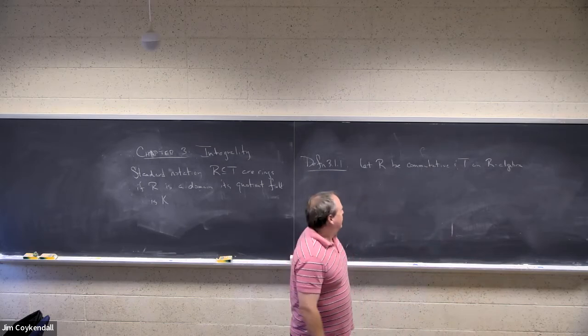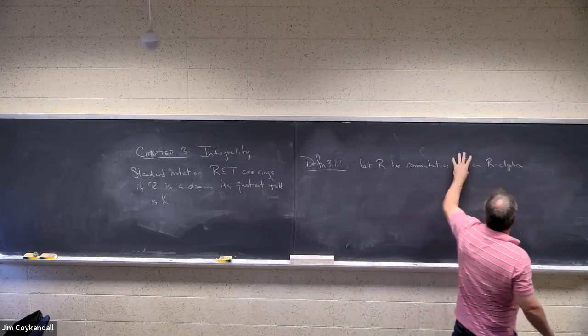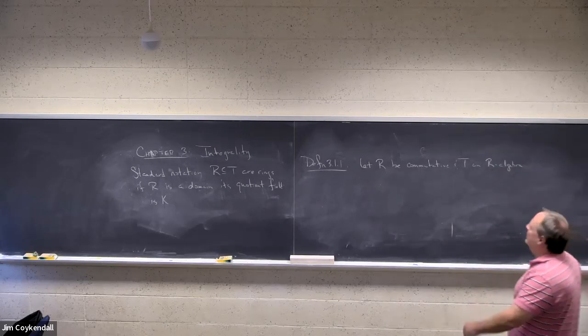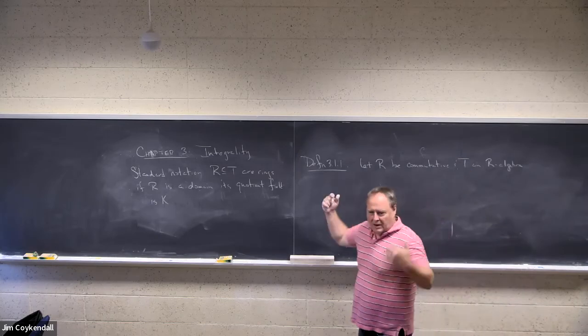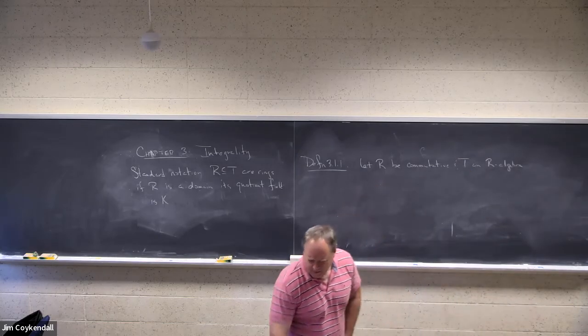What this really means is that T is an R-module, and T itself is a ring. It's also an R-module, R is a subring contained in the center of T. Just think of this as a good prototype: just think of two integral domains, and T is one that contains R.